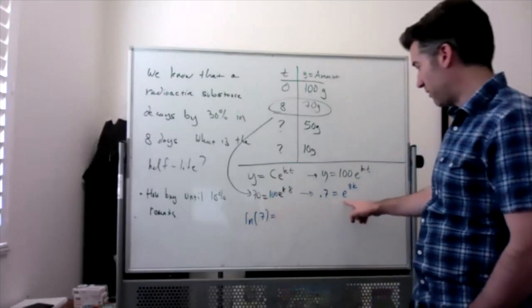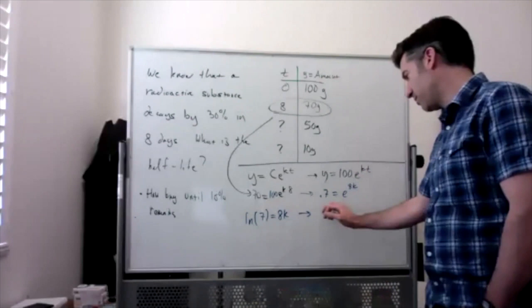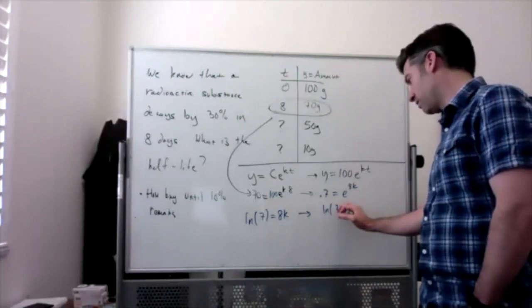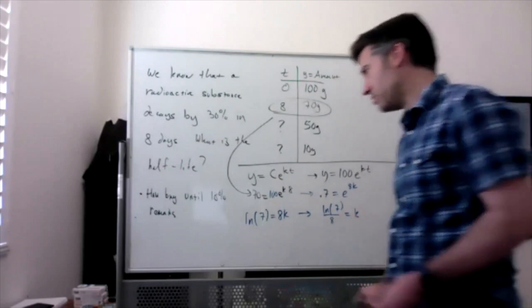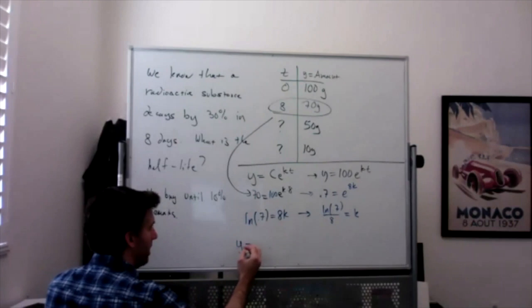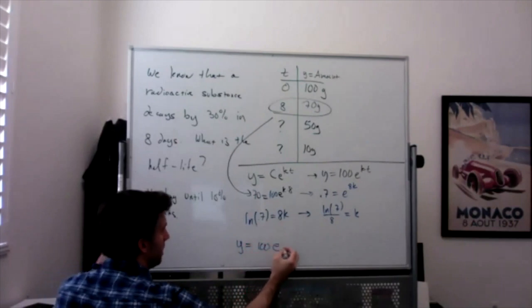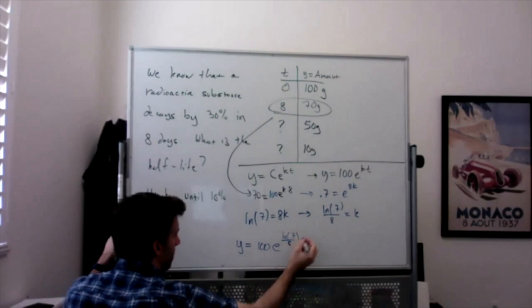The natural log of e to the 8k is just 8k. And then solve for k. So natural log of 0.7 divided by 8 equals k. So I'm going to write my model as y equal to 100 e to the natural log of 0.7 over 8 times t.